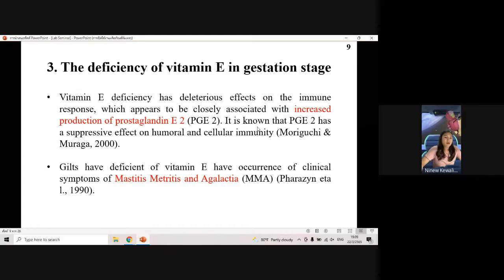It is known that prostaglandin E2 can have a suppressive effect on humoral and cellular immunity, and sows with vitamin E deficiency have an occurrence of clinical symptoms of mastitis, metritis, and agalactia, or what we call MMA.